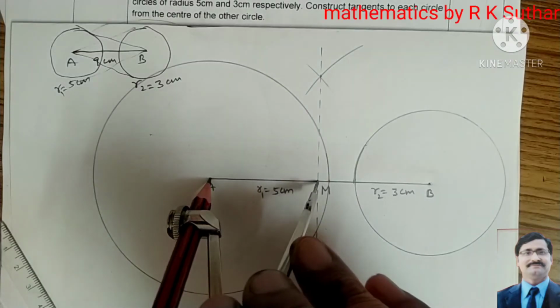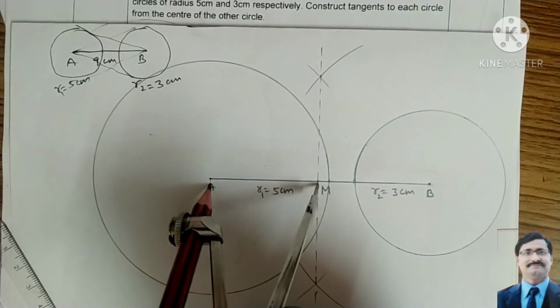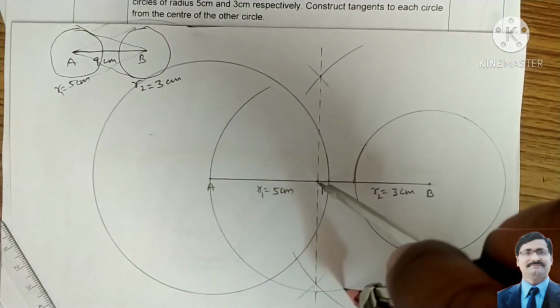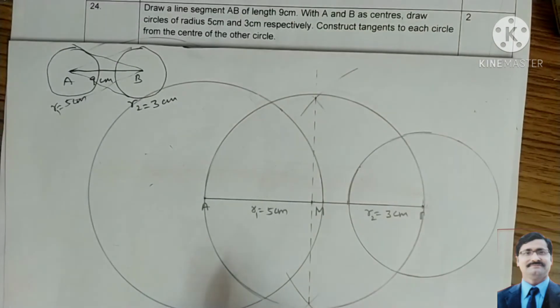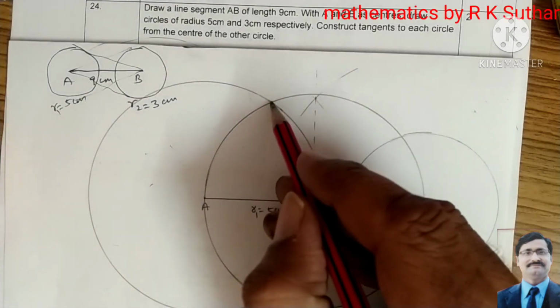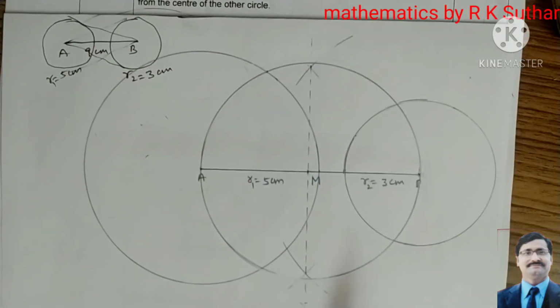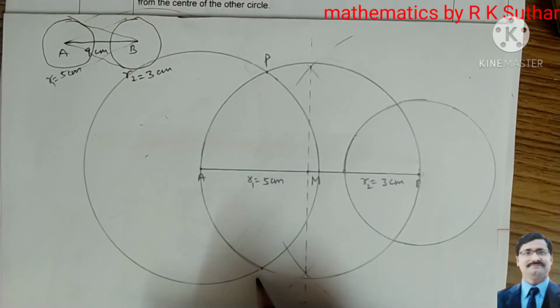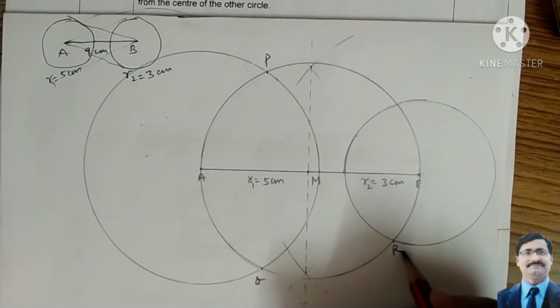We will open the compass to the size MA and we will draw a circle. So this type of circle we will get, and this circle cuts the previous circles. These points we will mark here. These points are P, Q and R and S.